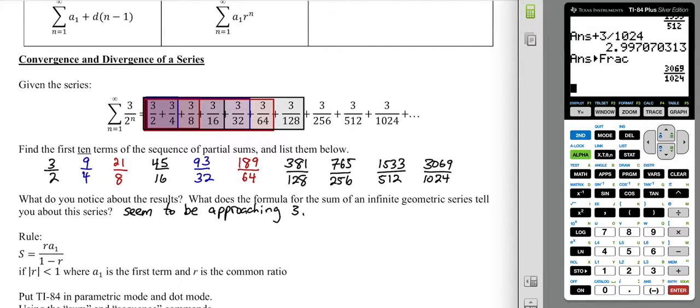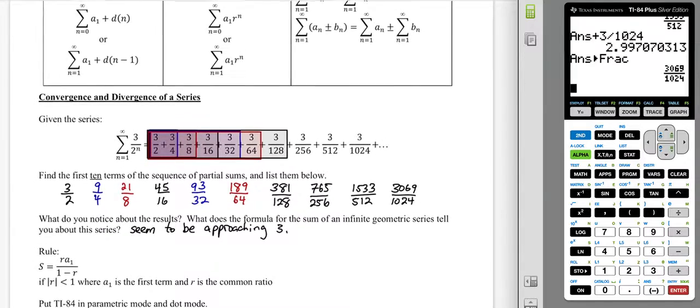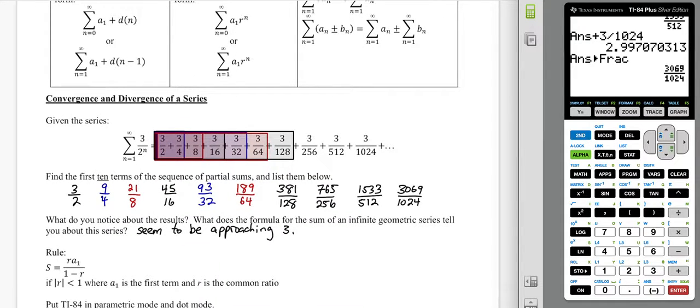That's great, but what does the formula for the sum of an infinite geometric series tell you about this series? We didn't do anything with that, so maybe it's time. Let's take a look at the series that they gave us and compare it to the series formula or formulas that we're presented with above.